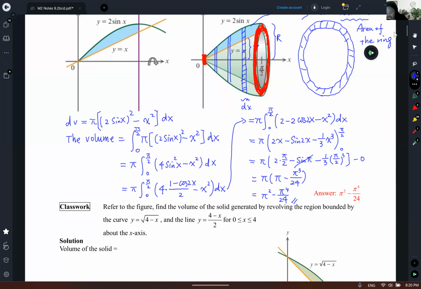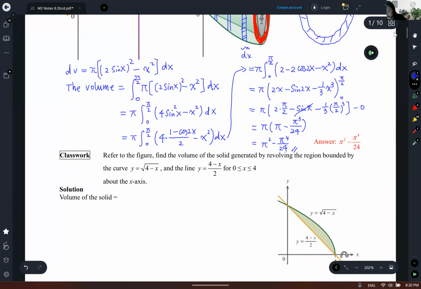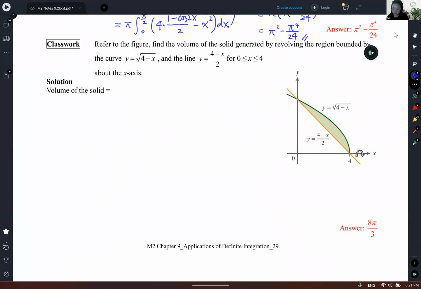Is it fine? Classwork. In the classwork, now you don't have the illustration from the textbook, so I'm going to draw this.